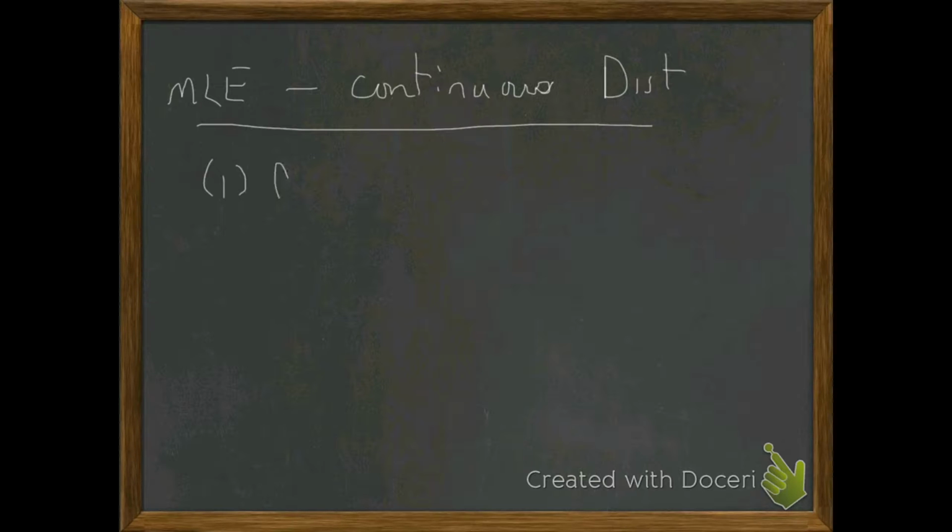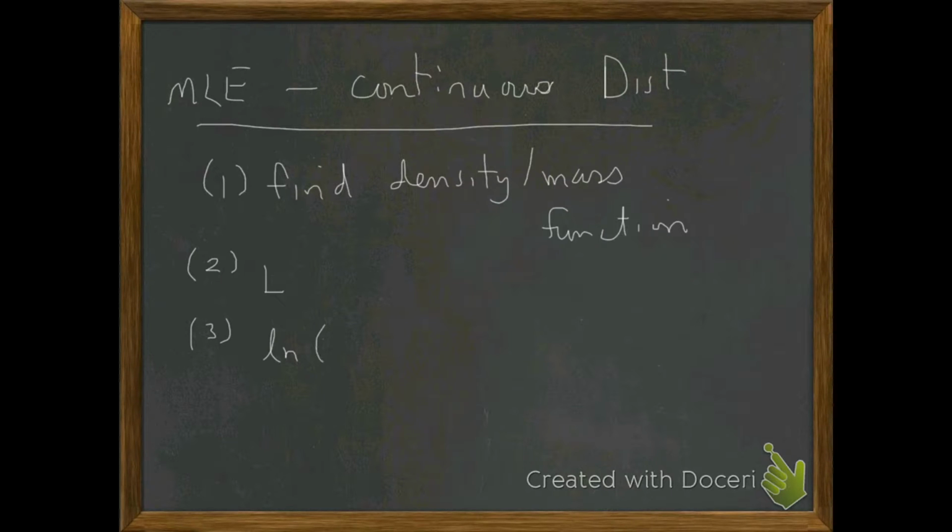So anyway, finding MLEs, the first thing we need to do is usually know either the density or the mass function. Can't proceed without that. The second thing we need to do is think about the random sampling and create our likelihood function. The third thing is to take the natural log of the likelihood function.